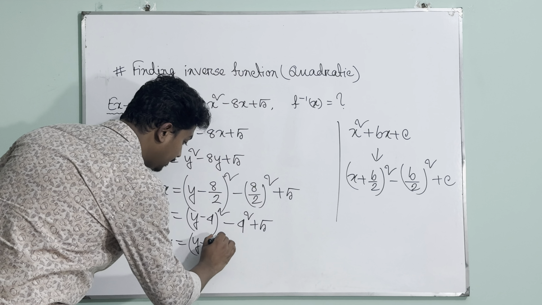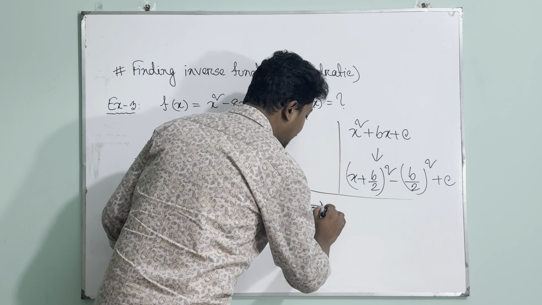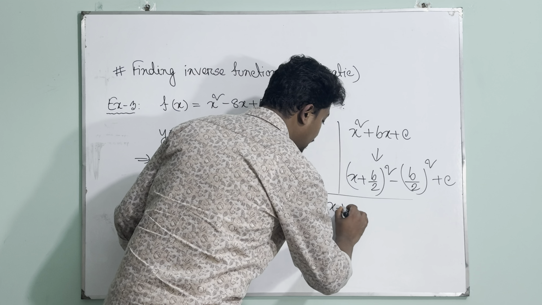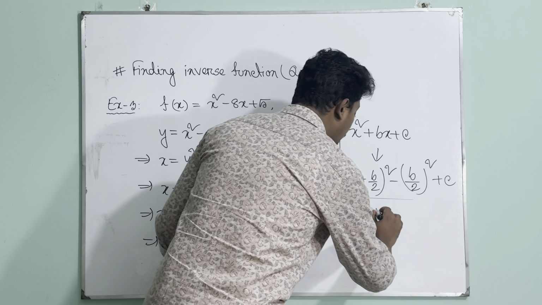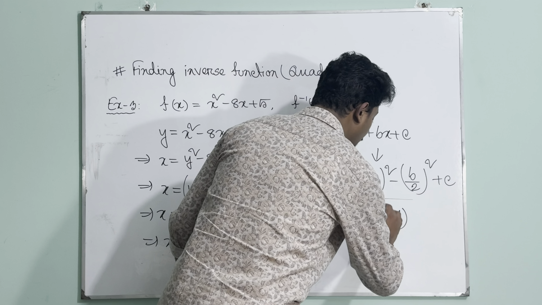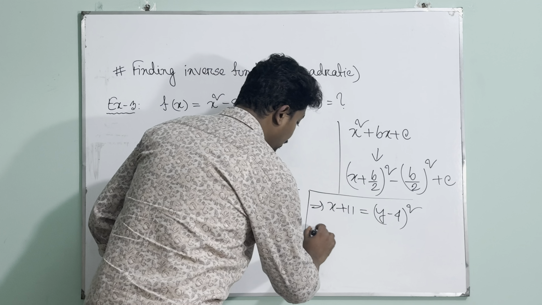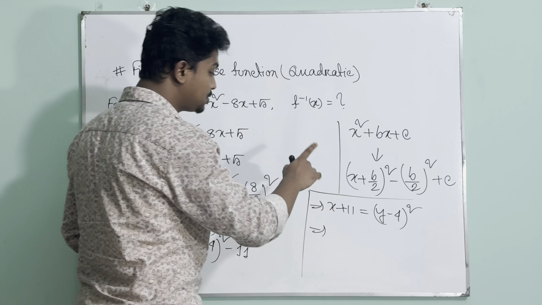What we need to do to make y the subject of this equation: minus 11 will become plus 11, so we get x plus 11 equals y minus 4, whole squared. We need to remove the square, so we get the square root of x plus 11 equals y minus 4.